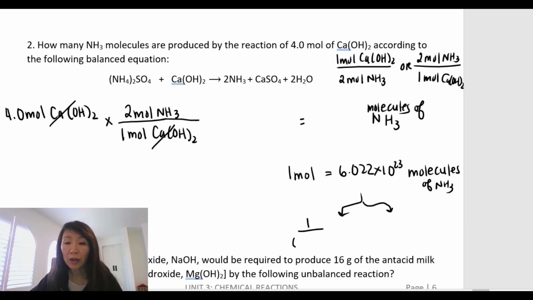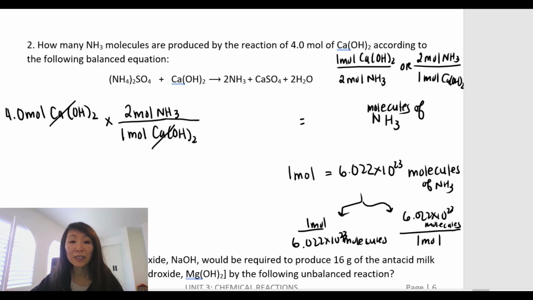1 mole over 6.022 times 10 to the 23rd molecules, or the molecules go on top over 1 mole. Here, you notice that we need to cancel out the moles.